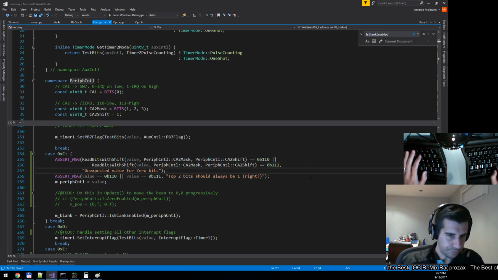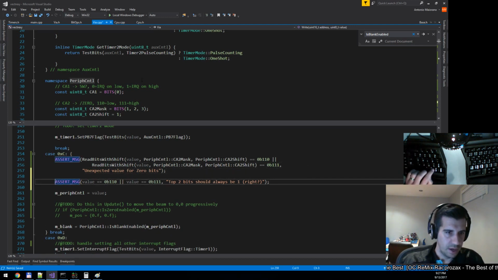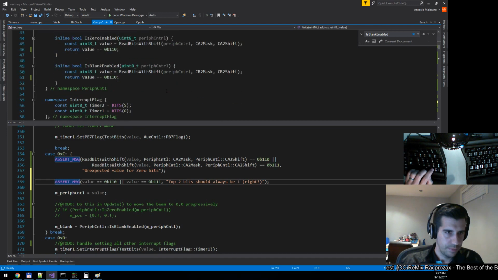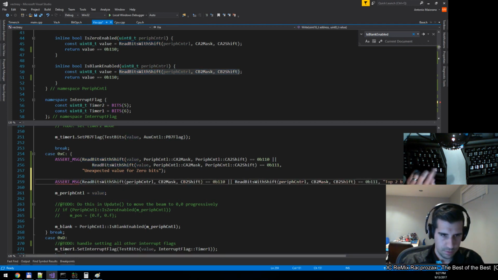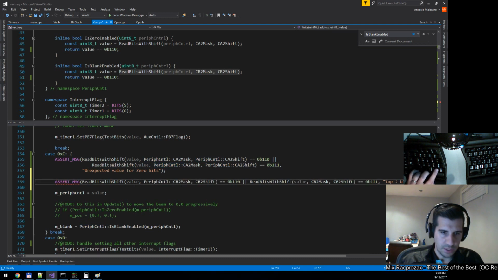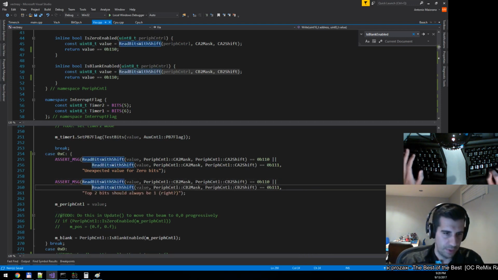Okay. And we'll do the same thing here. It's not amazing, but it'll be fine. These are just checks, so it's fine. I just want to make sure that when we're writing a value into this register that it fits the form that we expect. But it's only really on write that I care, not every time we access these functions.